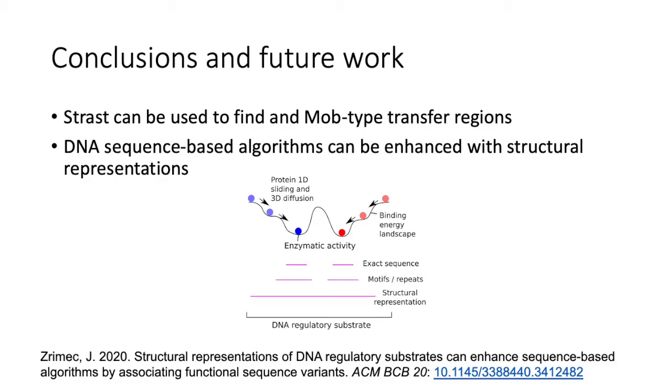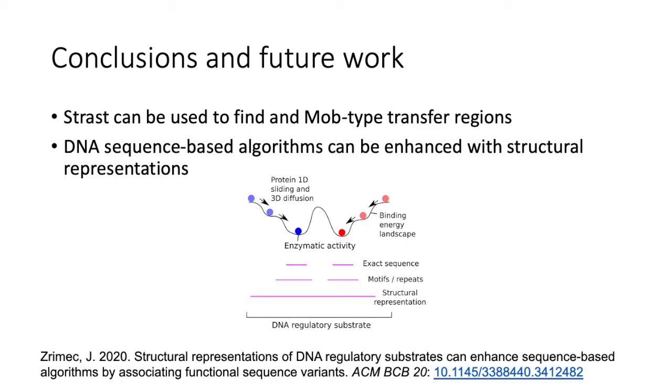Okay, so to conclude, I showed that the structural alignment algorithm can be used to find and mob-type transfer regions. And this is a nice showcase for the structural representations and S-distance, which could potentially be used to enhance other bioinformatic algorithms, such as, for instance, phylogenetic analysis, motif identification, or de novo design of DNA substrates.